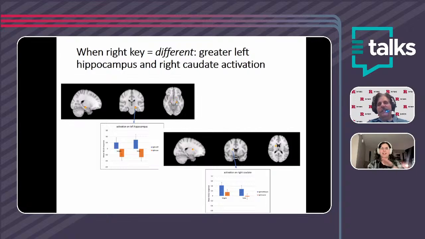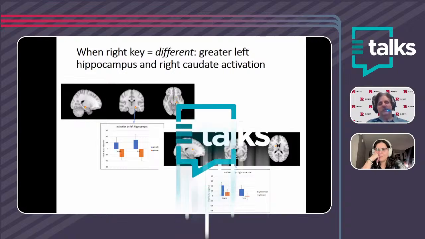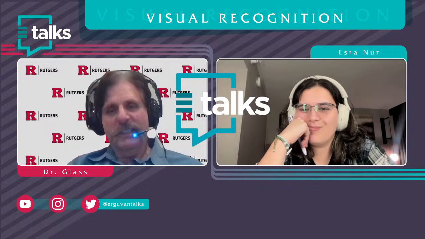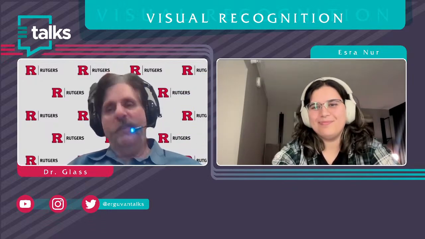That's different or novel to what we usually know. Well, there are two ways you can have response assignment. You can either have right key same and left key different, or right key different and left key same. And it turns out that difference, which seems so trivial that most experimenters don't include it in the analysis, tends to have a huge effect in this task.